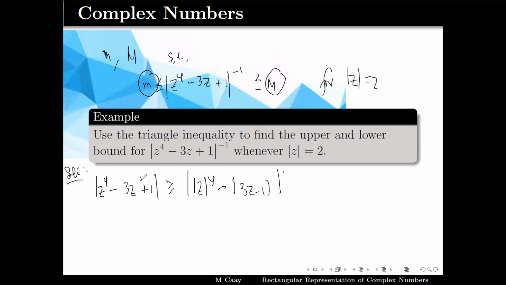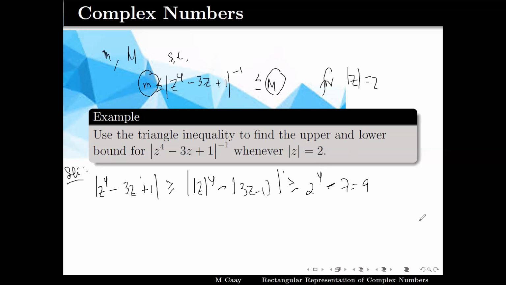This is the triangle inequality. If the modulus of z is equal to 2, I'm pretty sure this is 2 to the 4 minus 7 equals 9. Why is that so?